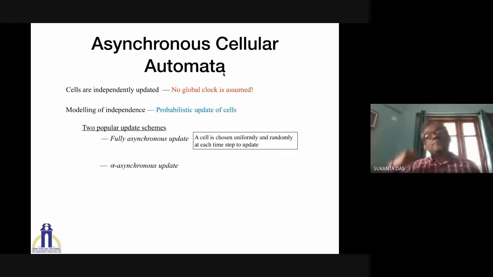At the next time step, again from the whole set of cells, another cell is chosen uniformly at random, and then that cell is updated. This is fully asynchronous update.